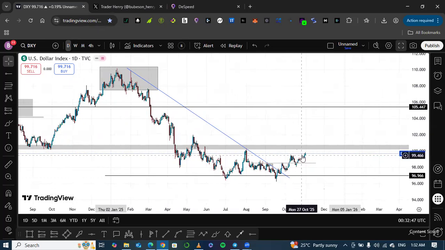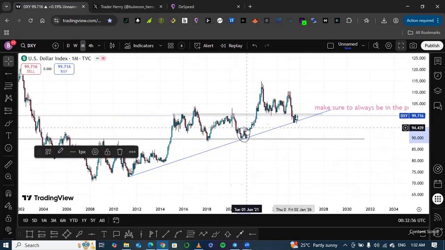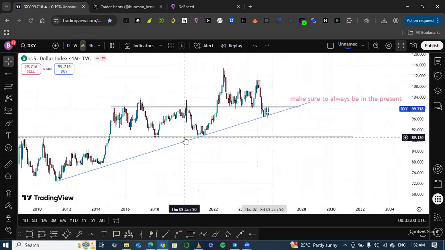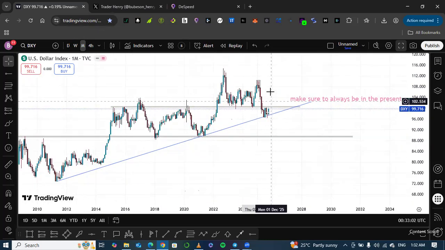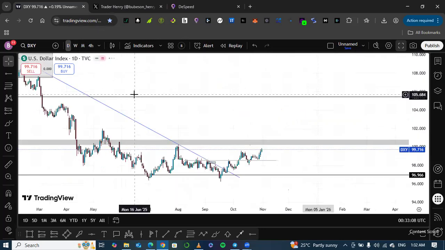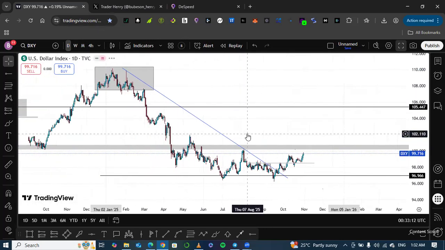For DXY, as long as we don't break above this gray box, that is the only level that I see that can prevent DXY from having a massive move to the upside. But if we are able to take out this gray box, there's nothing more.